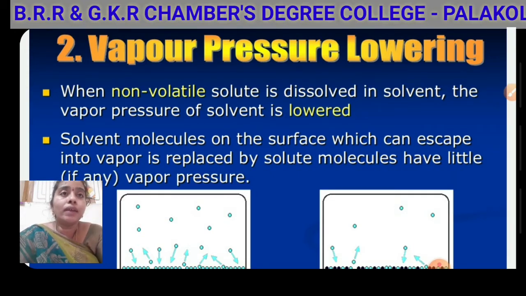Let us say 1/4 of the surface is used up by non-volatile solute particles. Then 3/4 of the surface area is available to the solvent molecules. So what will happen? The vapor pressure will decrease.